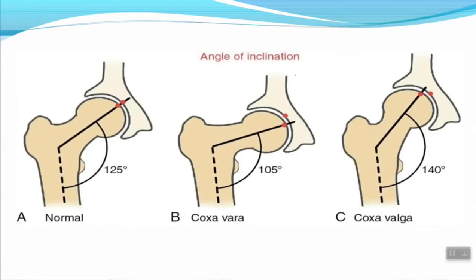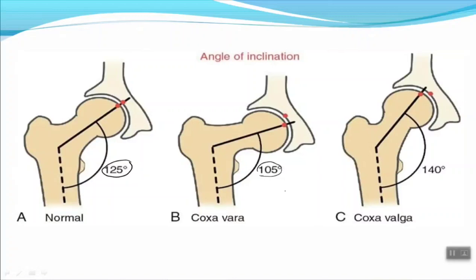As I told you, this is the neck shaft angle, about 125 degrees, but in some normal or pathological conditions, this angle may increase or decrease. For example, here you have a decrease in the angle of inclination, around 105.